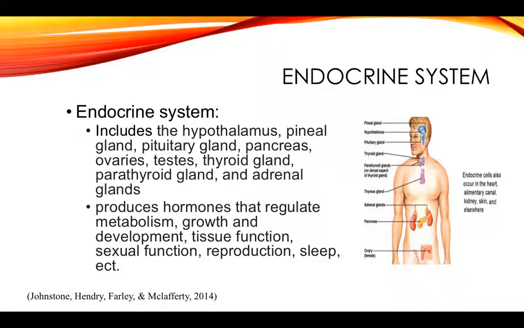The endocrine system includes the hypothalamus, pineal gland, pituitary gland, pancreas, ovaries, testes, thyroid gland, parathyroid gland, and adrenal glands. The functions are to produce hormones that regulate metabolism, growth and development, tissue function, sexual function, reproduction, sleep, and a number of other functions.